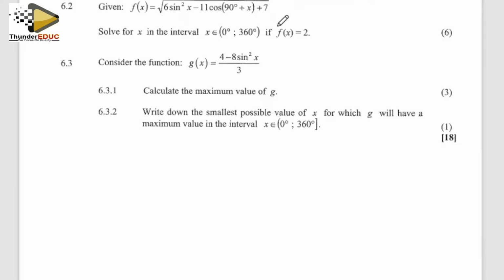Then 6.2, we are given f of x as the square root of that. Okay, they want us to solve for x in the interval 0 to 360 if f of x is 2.